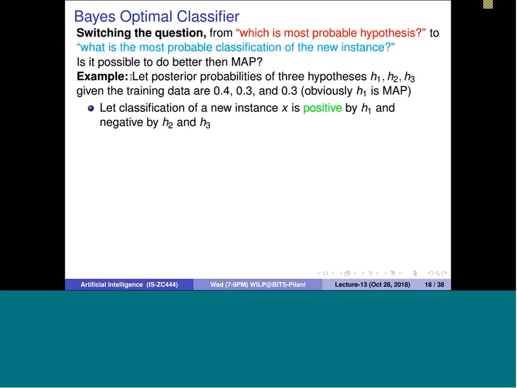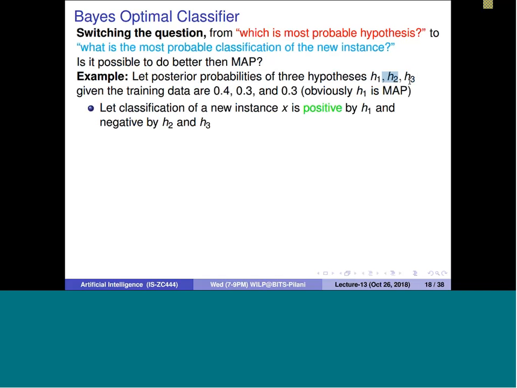Yes. So let's assume an example where the posterior probabilities of the three hypotheses H1, H2, H3 are given. Initially we had the confidence. Somebody had told me that there are three hypotheses H1, H2, H3 and I like H1 with probability 0.4, H2 with 0.3 and H3 with 0.3. Are you with me?